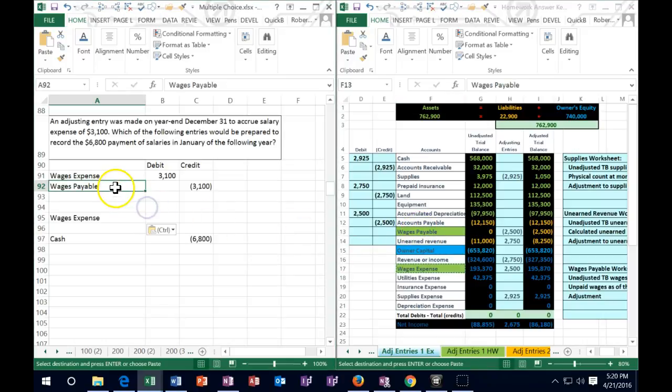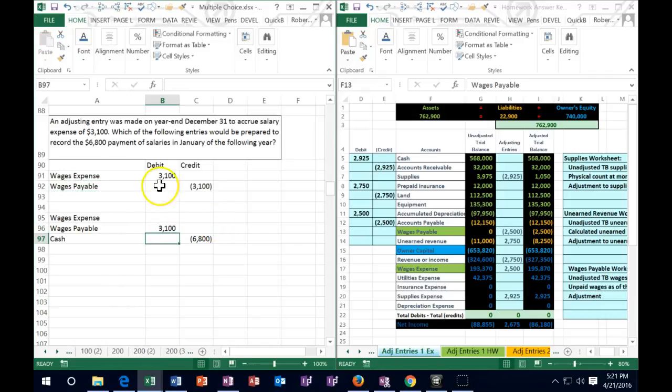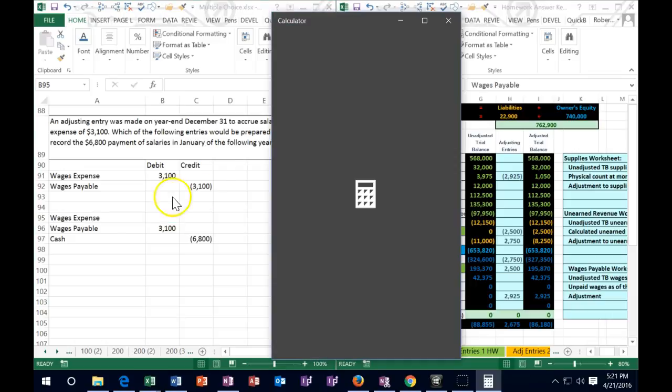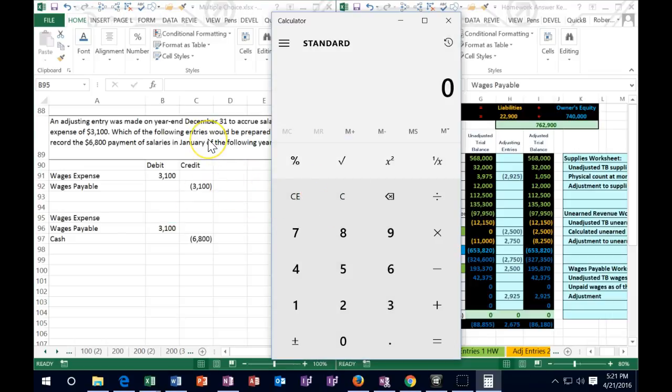We're going to pull out the wages payable, and that's going to be a debit to make it go down to 0. So we had a credit, and this is going to bring wages payable back down to 0 in January. And then the difference, which is going to be the 6,800 minus the 3,100, that's going to be what we need for the expense in the current year, which is 3,700.